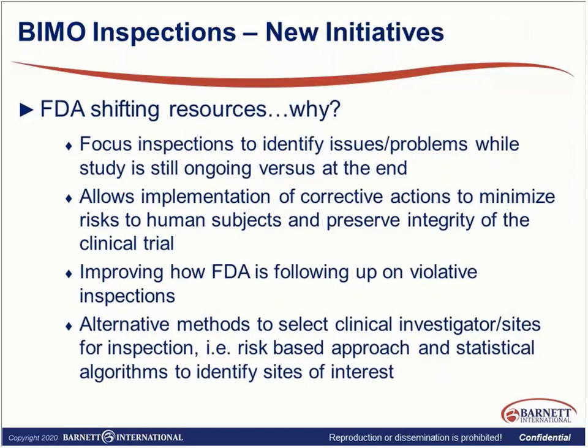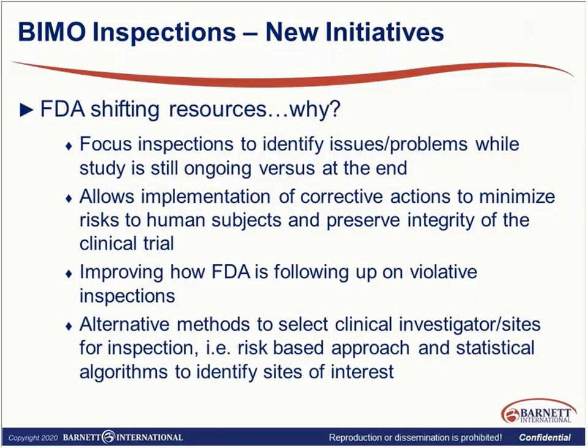But now we can look at some of the new initiatives that the FDA is going to consider. And I think the reason why it really helps us see the more robustness of an inspection is to focus where the issues or problems are still occurring during the conduct of the study versus after the trial has been closed. It's going to be much easier to address this.